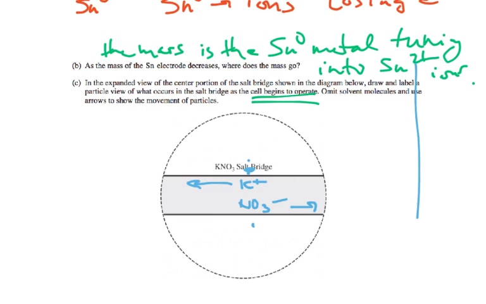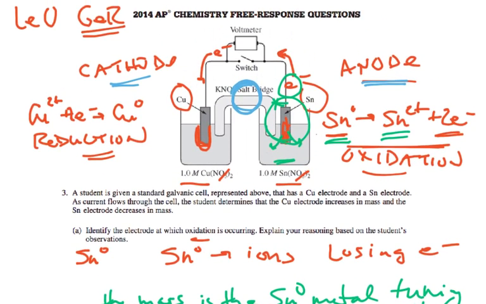Now, why does that happen? That's actually a more important idea. If we go back and look, on this side over here we have positive ions forming. We have neutrals turning into positives. Because we're getting more and more positives on this side, the solution has to stay electrically neutral. So negative ions are going to flow this direction in order to keep this solution electrically neutral.